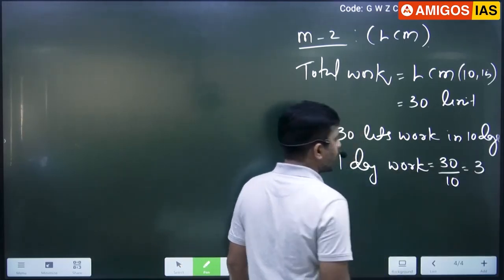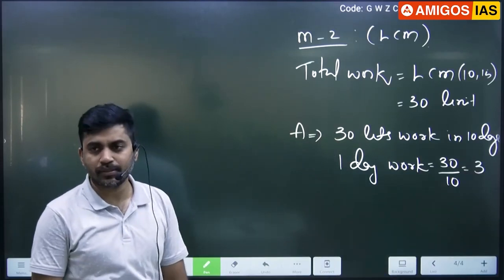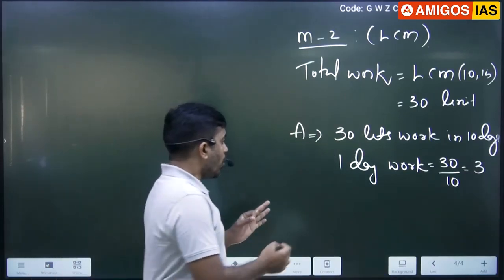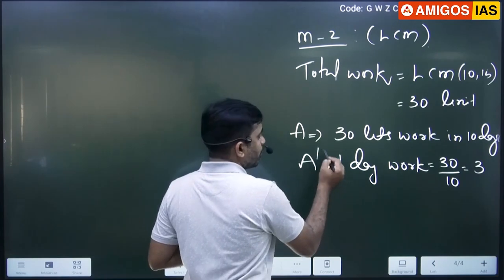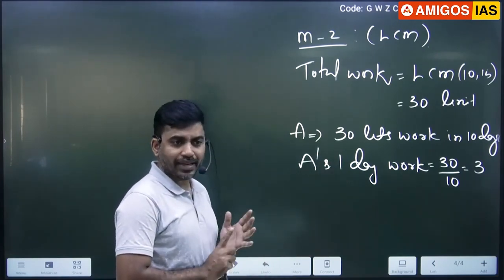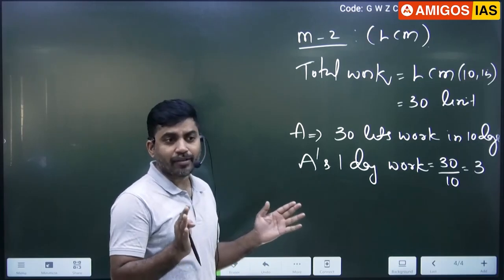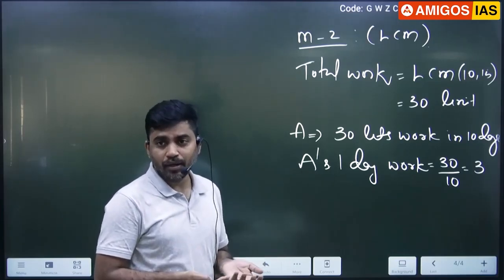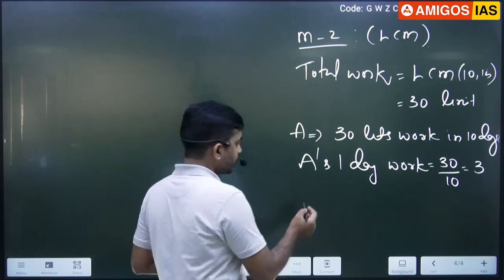A completes only 3 units in a day. What is total work? 30 units. What is the total time for A? 10 days. In 1 day, 30 by 10, he will be doing 3 units.